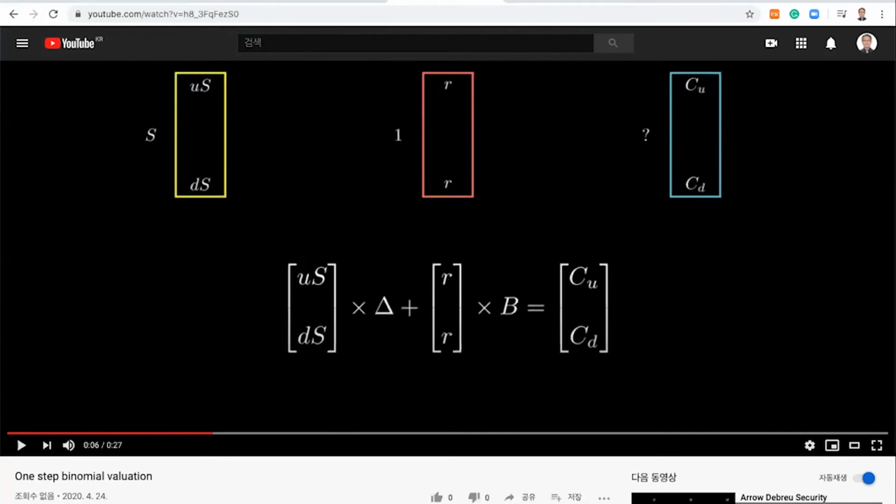In that case, we used the notation x1 and x2. But here I use some strange notation, called delta, and this is another unknown variable b.